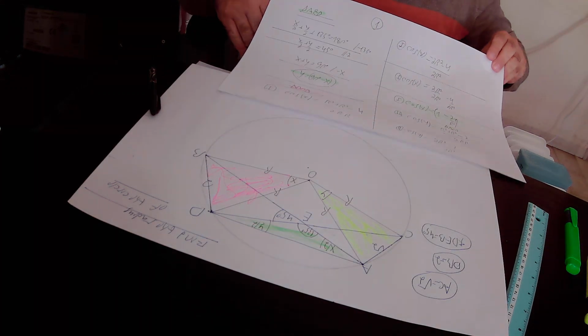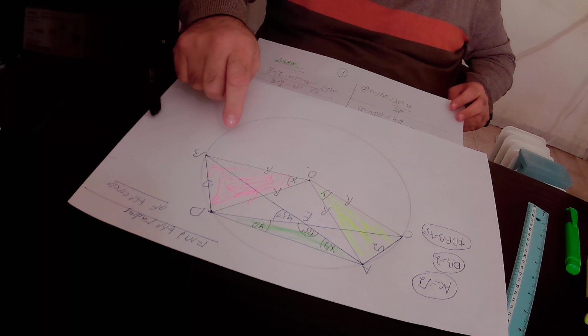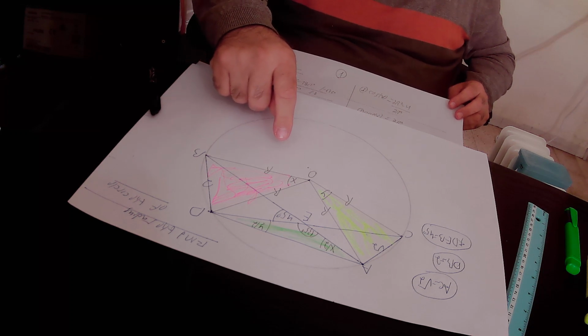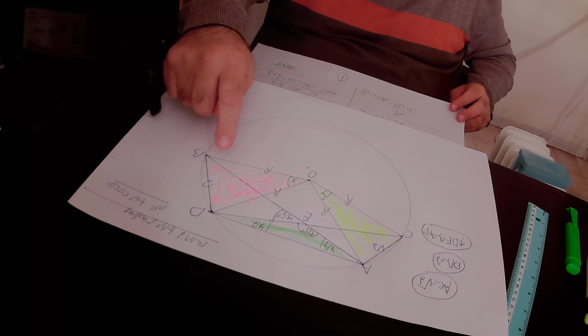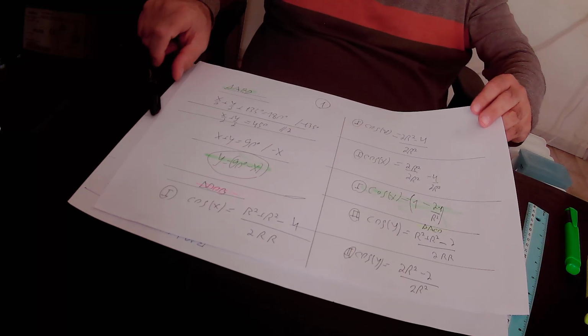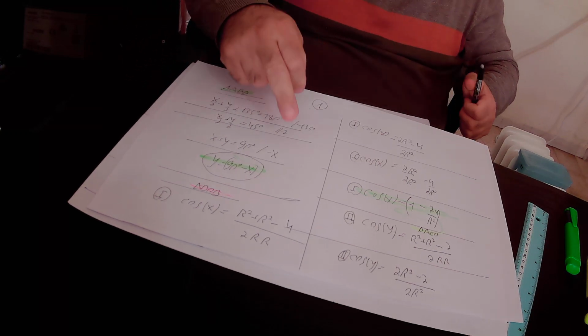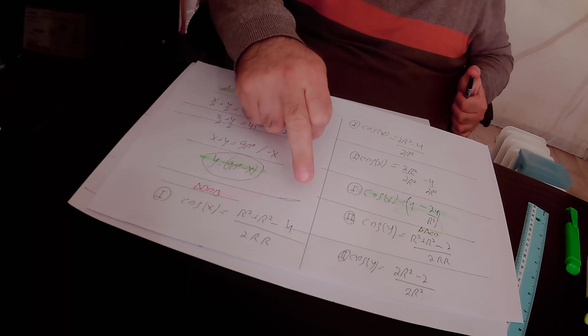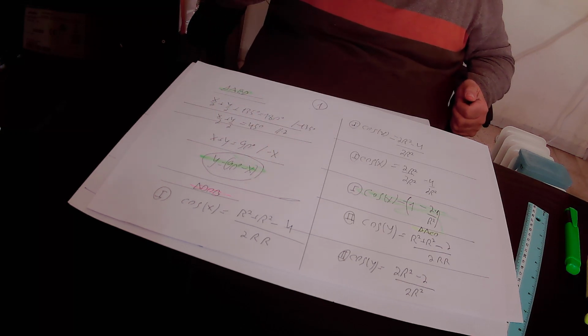Then we implemented the law of cosines in the pink triangle DOB. According to the law of cosines, cosine x equals r squared plus r squared minus 2 squared over 2 times r times r. Repeat again, in the pink triangle DOB, cosine x equals r squared plus r squared minus 2 squared, and 2 squared is 4, so it is minus 4 over 2 times r times r.